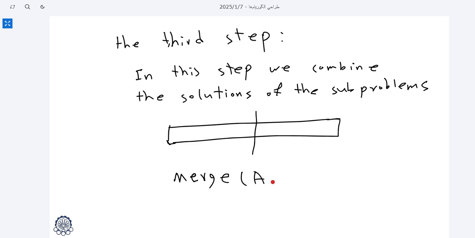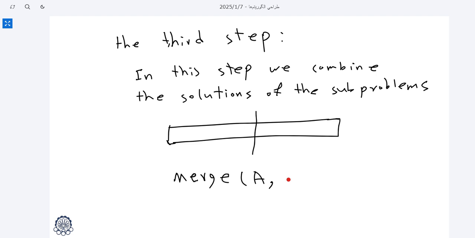Merge is an algorithm that we present to combine the two sorted parts, and its output is a sorted total array.